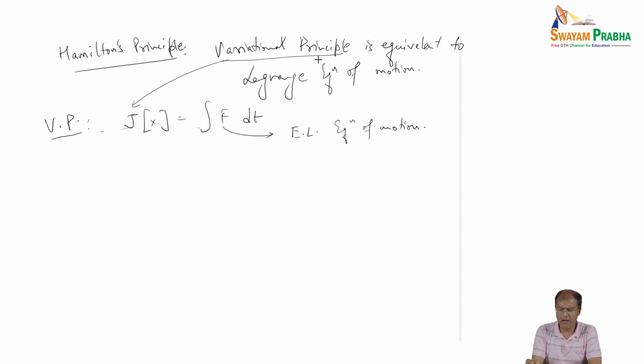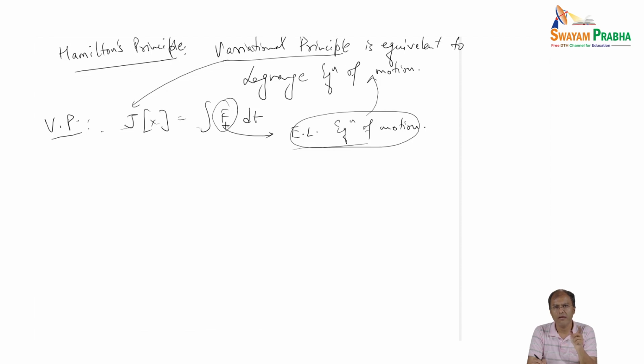So then the Hamilton's principle says that this Euler-Lagrange equation of motion is nothing but the Lagrange equation of motion, right? So somewhere we are inherently stating that we are trying to extremize the functional F, which is very much identical to the Lagrangian L, right? So let me slowly try to formalize this thought.